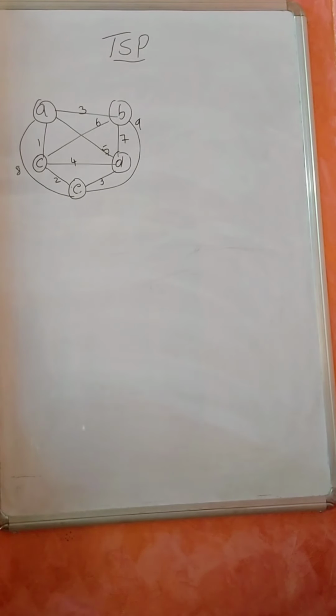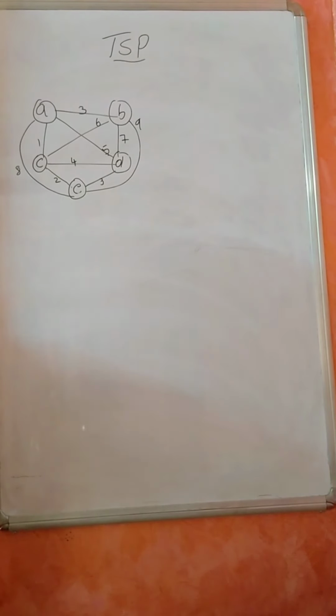As all of you know, the branch and bound technique will not search for a set of solutions like the backtracking technique. It will search for an optimal solution, which is the best solution. Already we saw how to solve the knapsack problem and the job assignment problem using branch and bound.